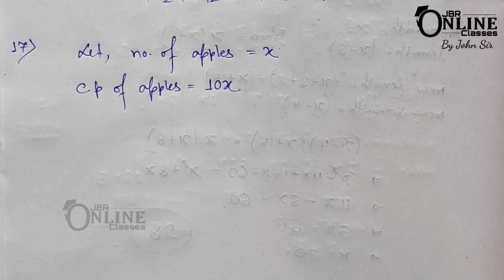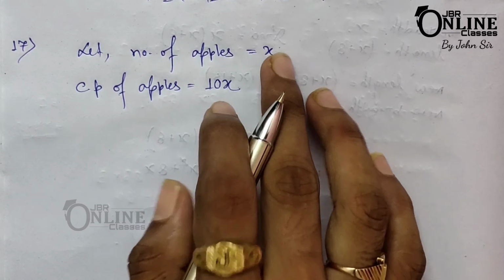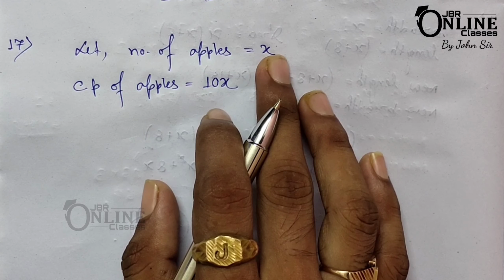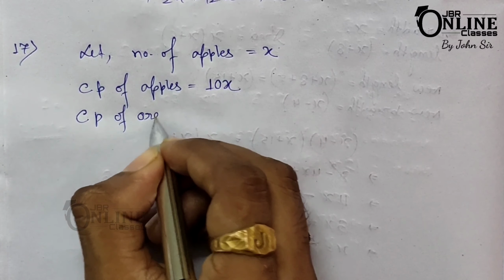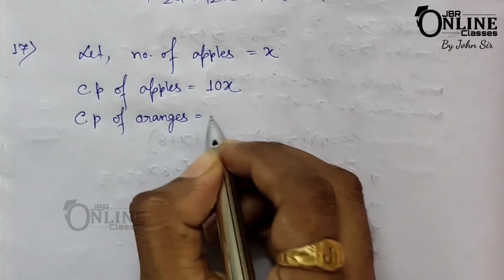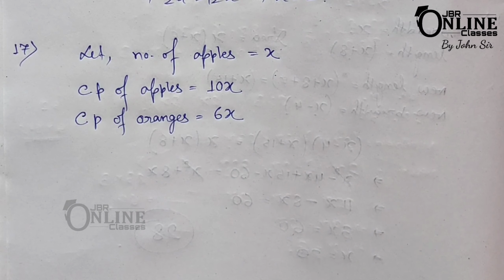He also buys an equal number of oranges. That means the number of oranges also equals x, and at the rate of 6 per orange. So CP of oranges equals 6x.